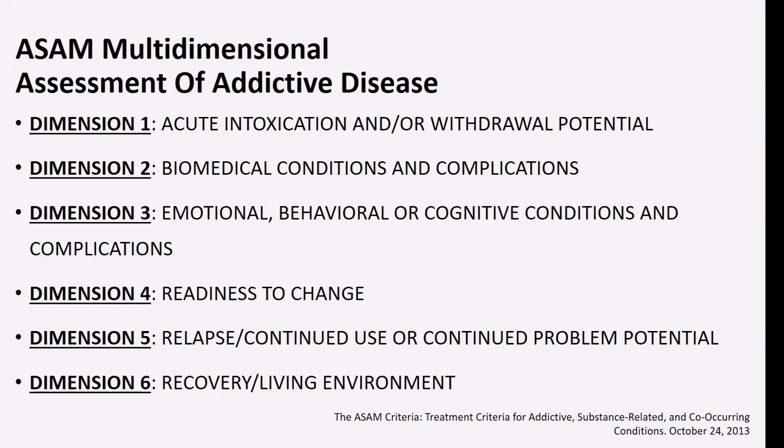Dimension 1 is withdrawal potential, which has to do with risk and detox. What are the 2 withdrawals that can kill you? Alcohol and benzos, right? Opioid withdrawal may feel like I don't want to go on, but it's not labeled the same level of severity. But you've got to pay attention to it and treat it.